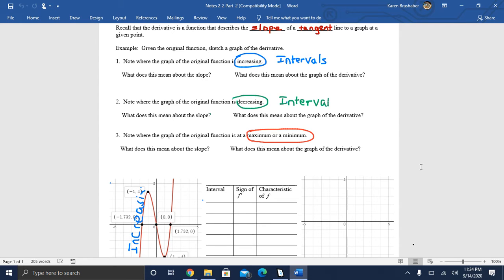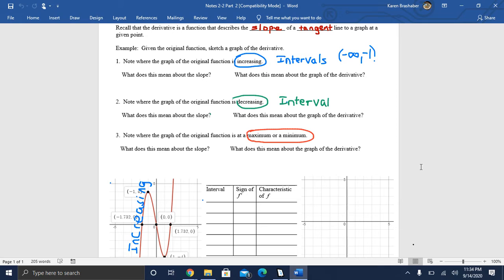And so I'm going ahead and writing in here where the graph is increasing. And you'll see that as we look at this from left to right, it is increasing from negative infinity until we get to where x is -1. So one of the intervals would be from negative infinity to -1.